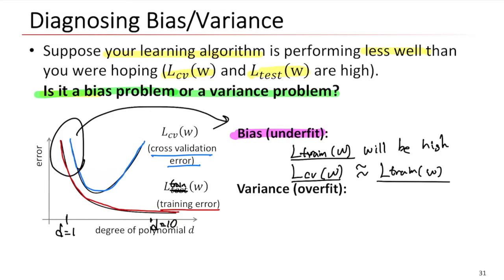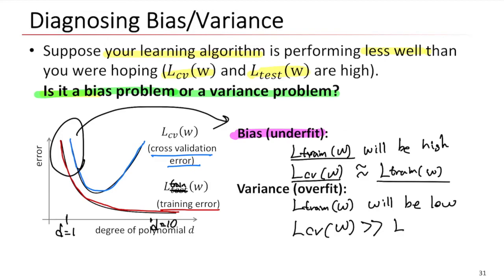Another case is that J train will be low, but the J cross validation error is much higher than the J train, like this case, right?